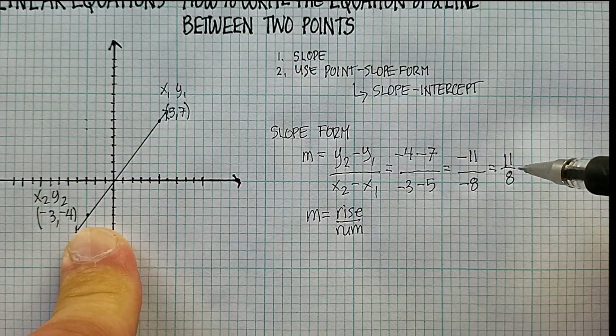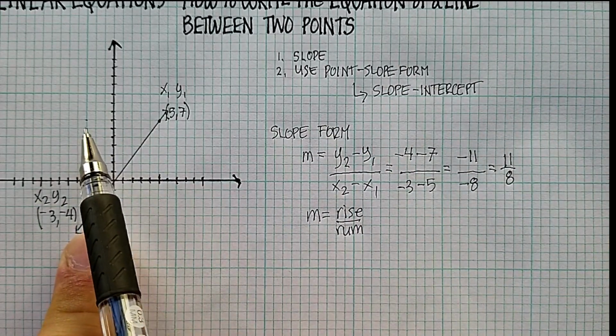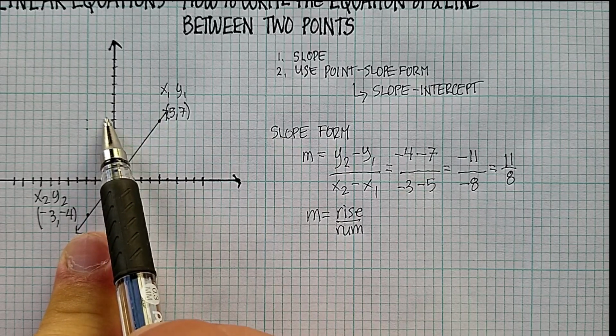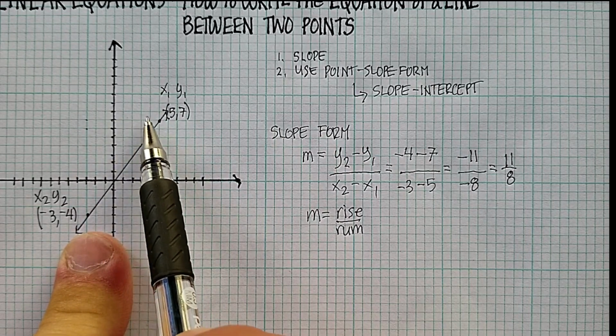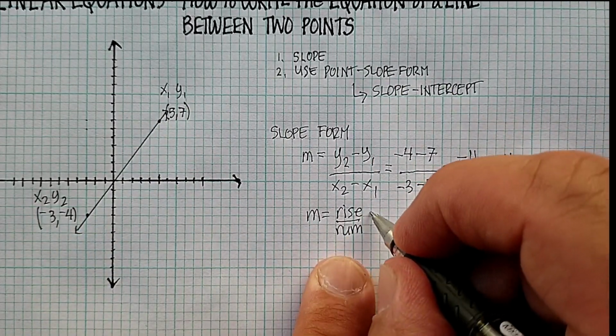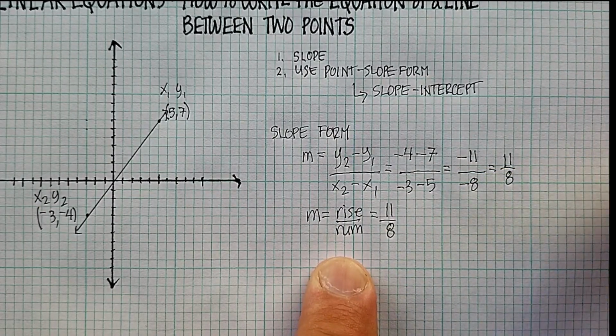Isn't that surprising? So I would go up along the y-axis 11 points, and then I would go in the positive direction 8, and it should be right there. Let's just see if that's true. 1, 2, 3, 4, 5, 6, 7, 8. Rise over run equals 11 over 8. That's just another visual way of getting the slope.